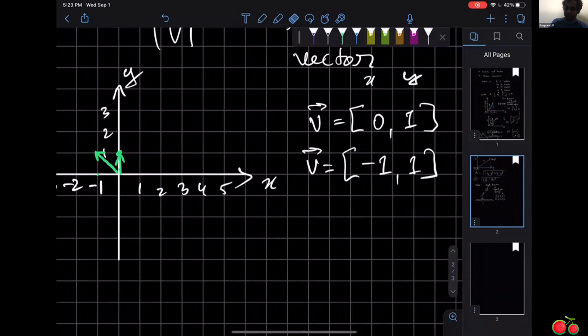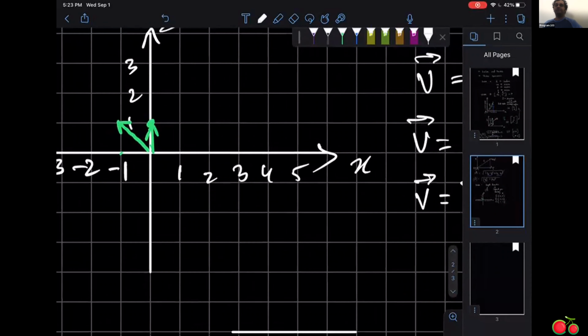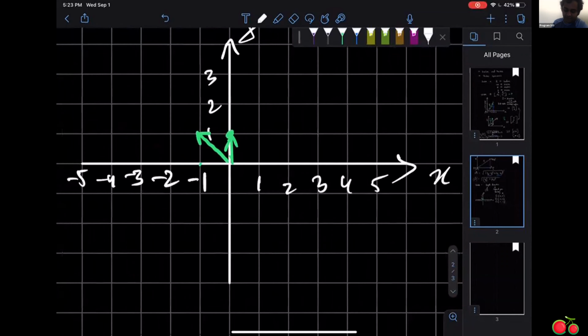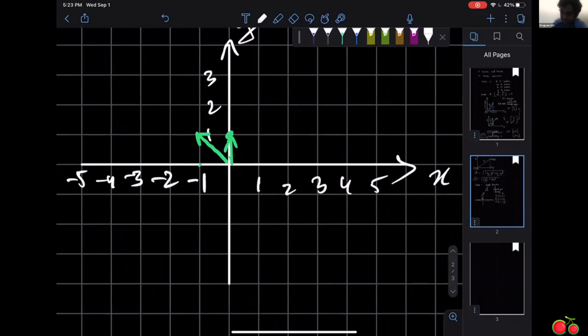Suppose I do -2, -5. Can anyone help me figure out how it'll look like? -2, -5. So X is -2, right? So X is -2 is here.